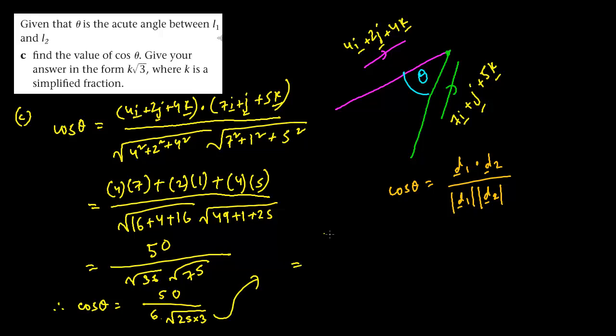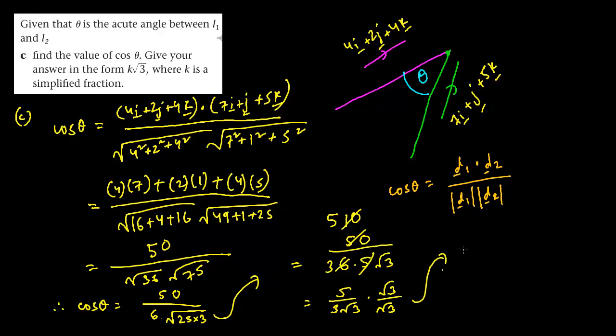So it equals 50 by 6 times square root of 25 is 5, square root of 3. So 5 tens are 50, 2 fives are 10, so this is going to be 5 by 3 square root of 3. Now if you want to rationalize this, you have to multiply by root 3 divided by root 3, so it turns out to be 5 root 3. Root 3 into root 3 is 3, and we have 3 downstairs, so that is 9. 5 by 9 square root 3.